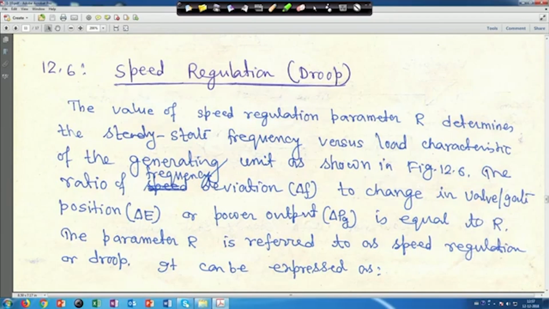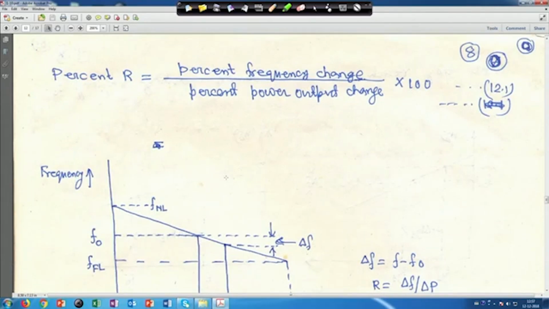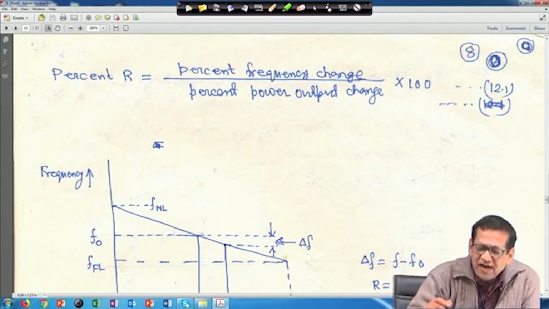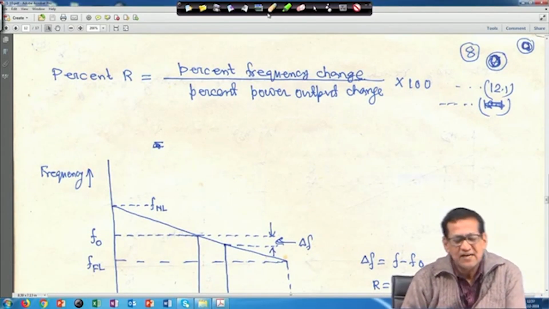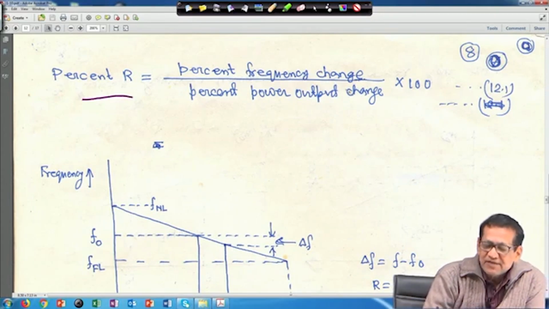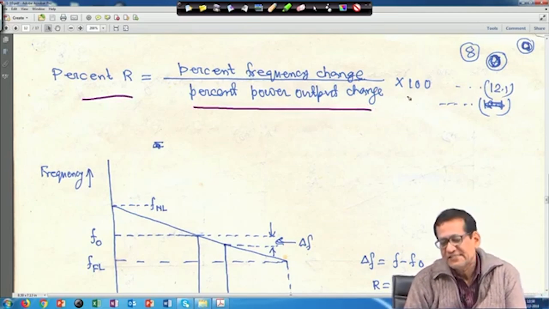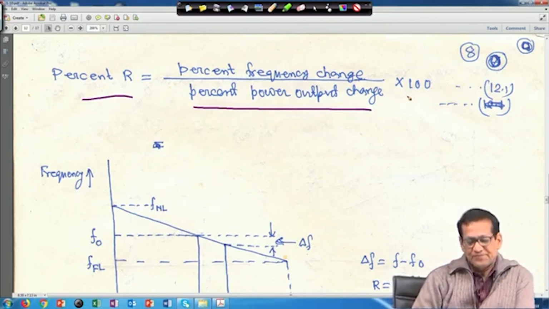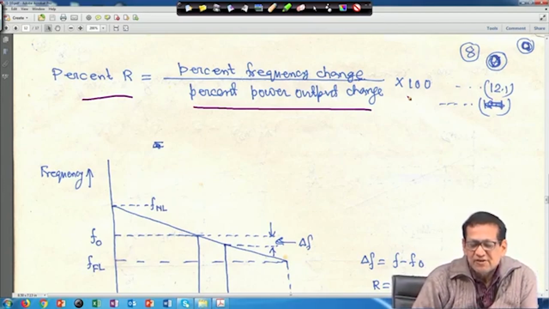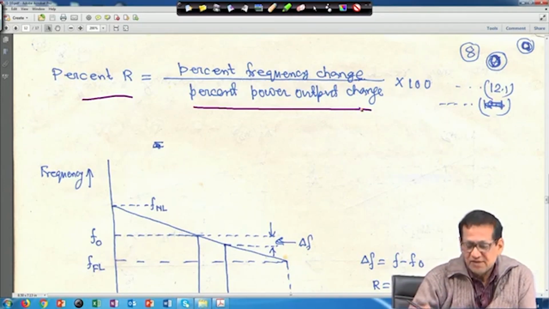It can be expressed as percent R, which is equal to percent frequency change by percent power output into 100 percent. So, this is equation 1.